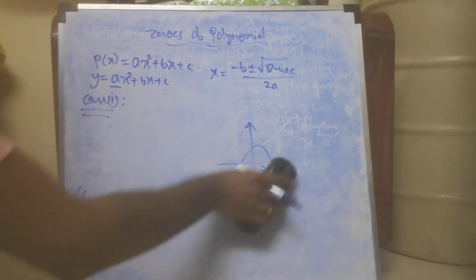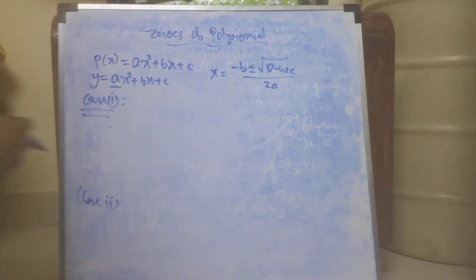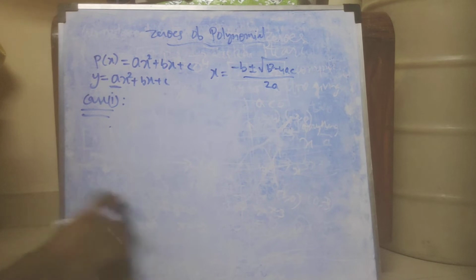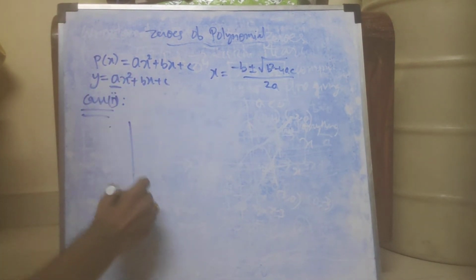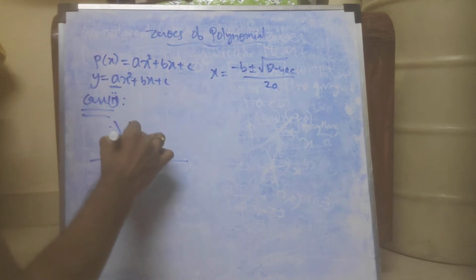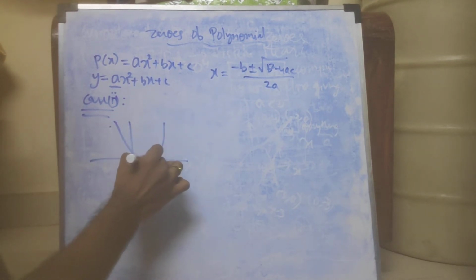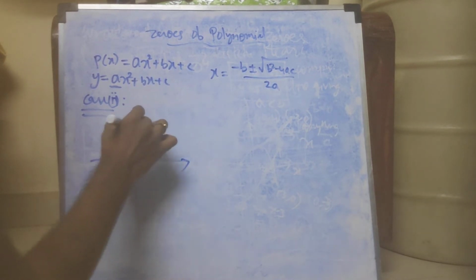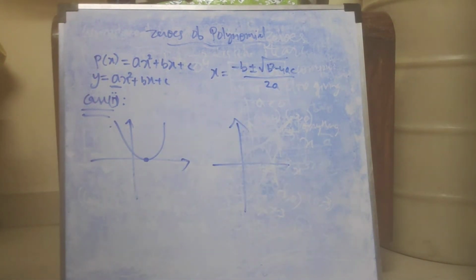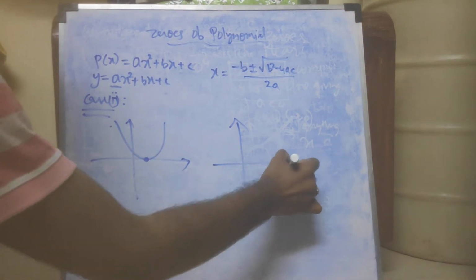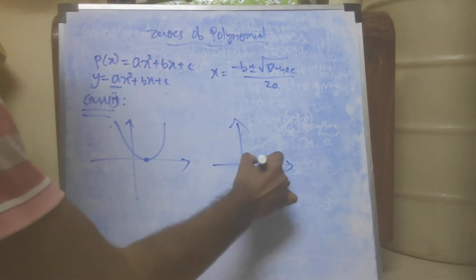Case 2: what if alpha is equal to beta, that is, the two zeros are equal? We get a case 2 like this. It touches only one point on the x-axis. In case 1 we saw that there are two zeros for this quadratic polynomial. This is case 2, a downward parabola.